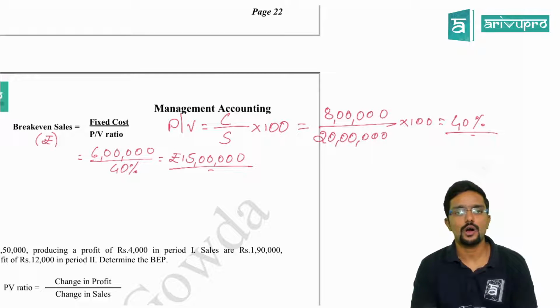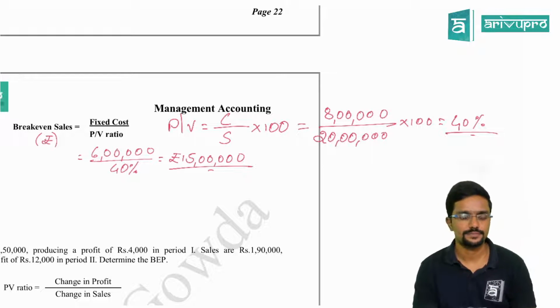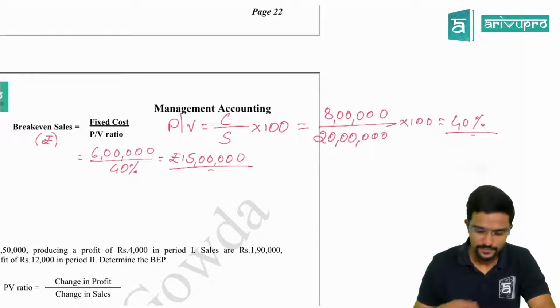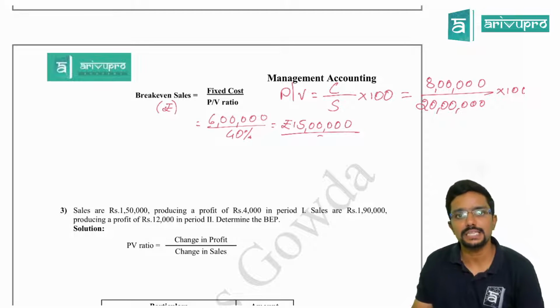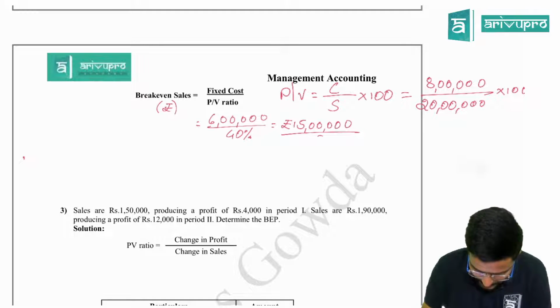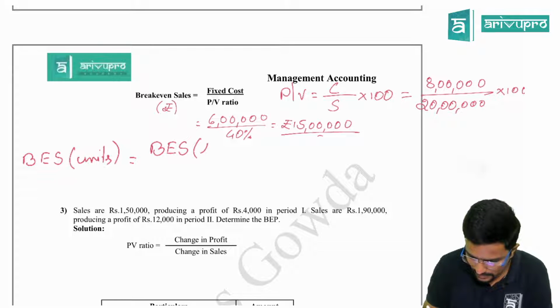I will also show how we can calculate break-even point in units. There are two ways of calculating it. Actually, three ways. I will show it. Yeah, fine, guys. Next, we'll see how to calculate break-even sales in units. So let me write it here. Break-even sales in units is equal to break-even sales in rupees, that is 15 lakh, divided by selling price per unit.